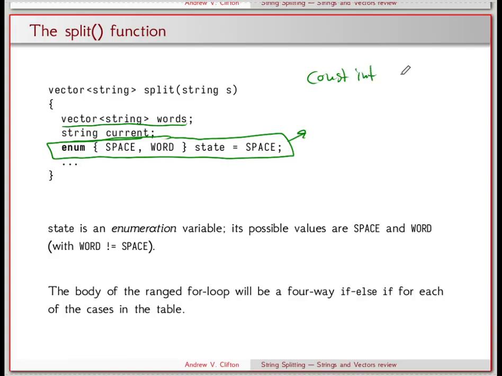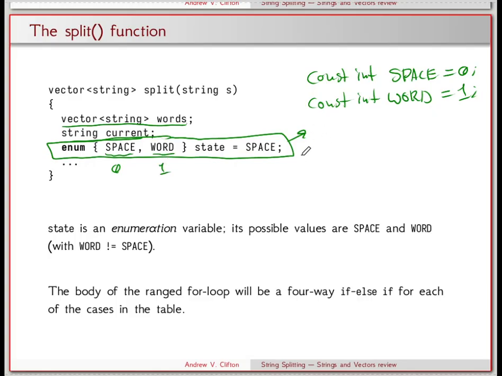We have a const int space whose value is 0, and then we have another const int word whose value is 1. Those come from just in here. Space is 0, word is 1.